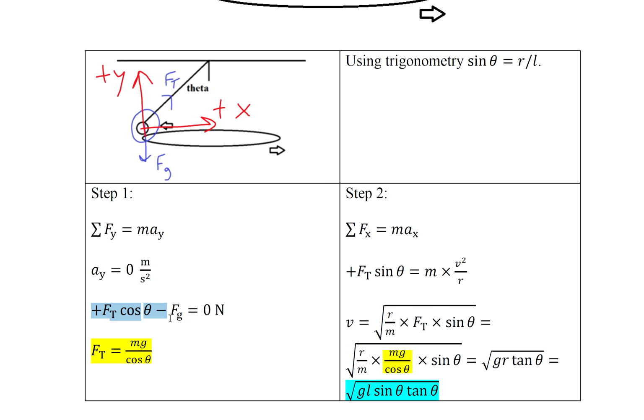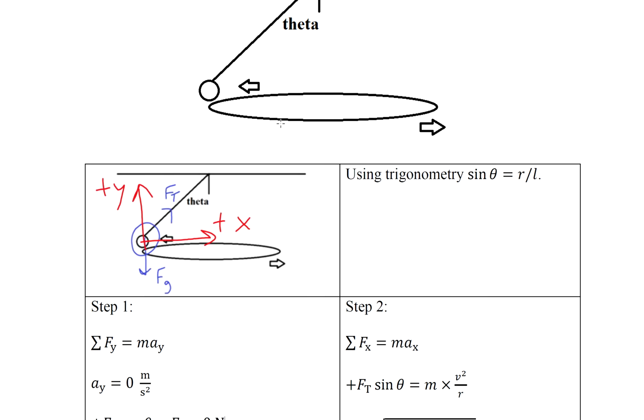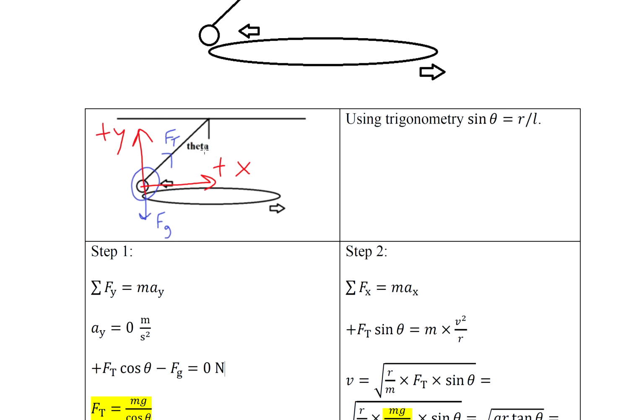We have force tension cosine theta minus force of gravity equals 0. The reason it's cosine theta is because theta here is from the vertical if we're looking at the object.